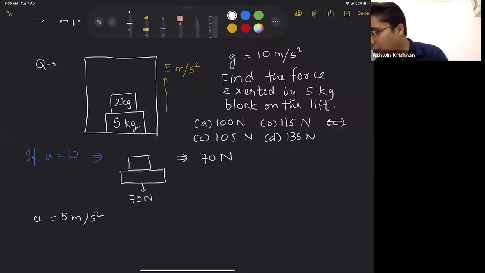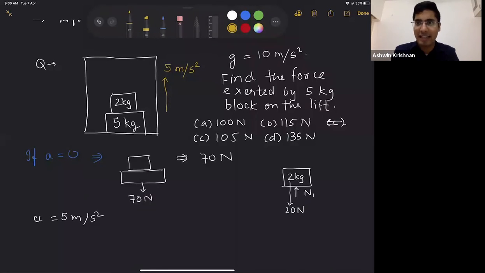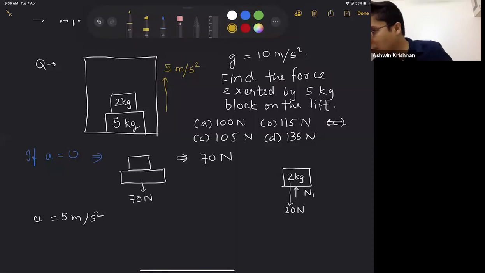Now let's draw the free body diagram. This is a 2 kg body. It has two forces, N1 and 20 Newton, and it is accelerating with respect to the ground. Since the entire lift is moving, the 2 kg body will also move with it, so its acceleration is also 5 meters per second square.